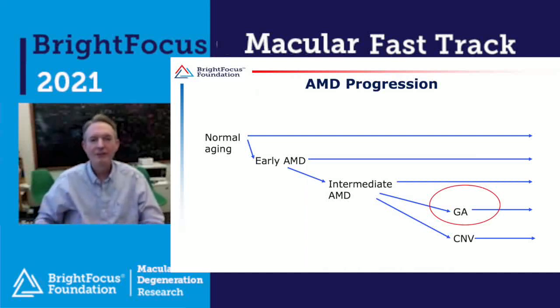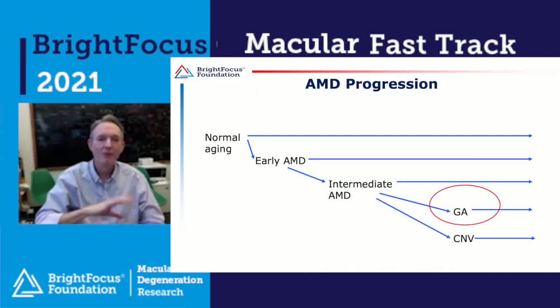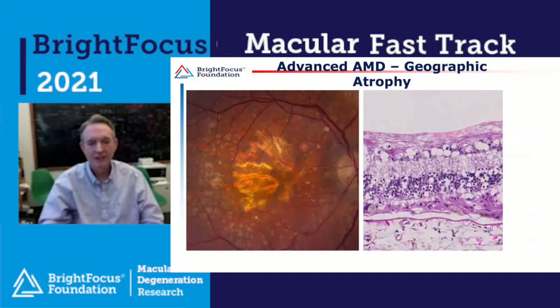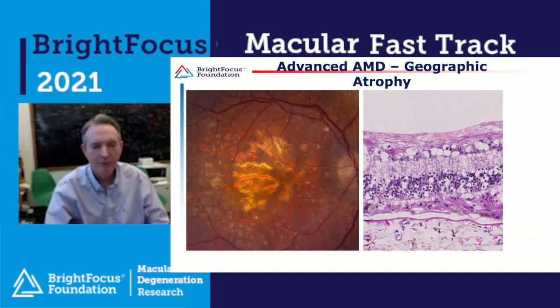So, I mentioned that usually AMD, most patients with early or intermediate AMD do not advance. And Jackie mentioned this in her talk as well. In some cases, patients will advance to a form of advanced dry AMD called geographic atrophy. And here's the clinical appearance of geographic atrophy. You can see these big soft drusen around here in the macula.